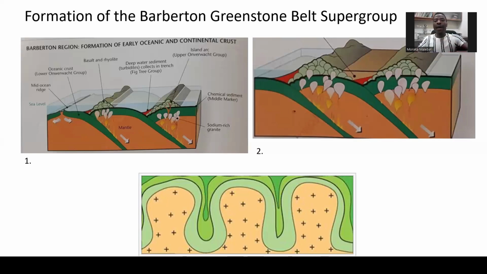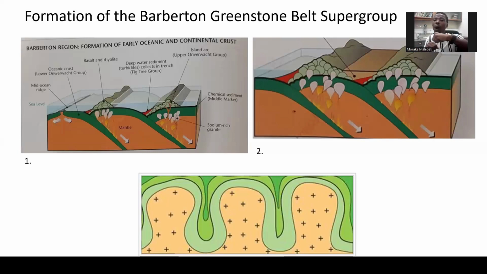Okay, so the lower Onverwacht, as it was, we know that at the mid-oceanic ridges, the older oceanic crust is pushed away by the newly formed oceanic crust.